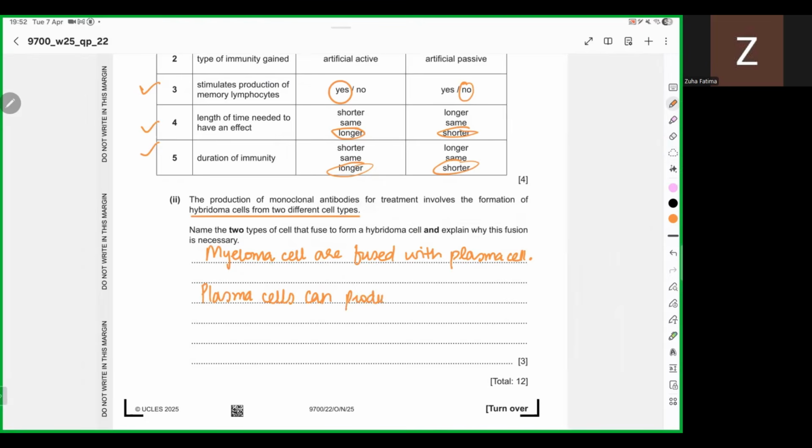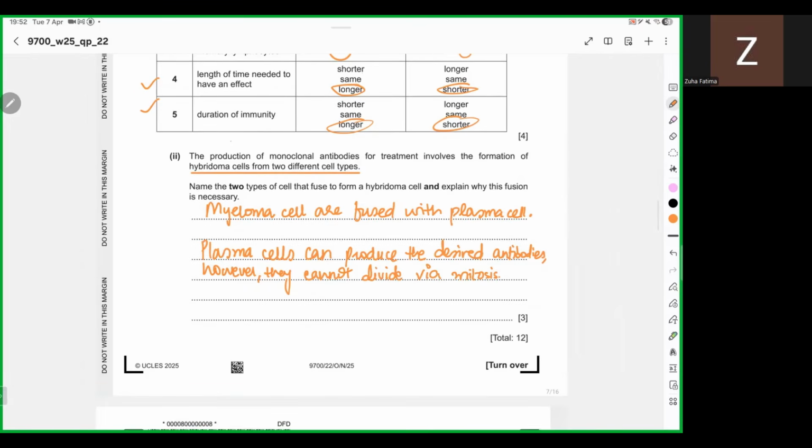However, they cannot divide via mitosis.